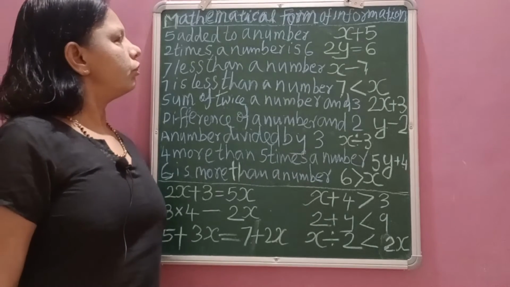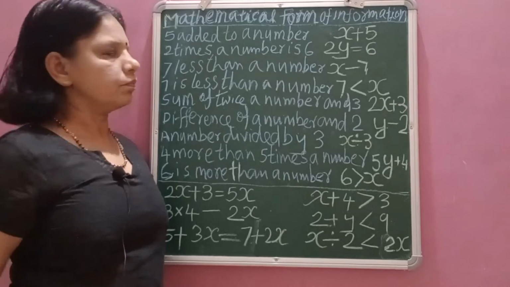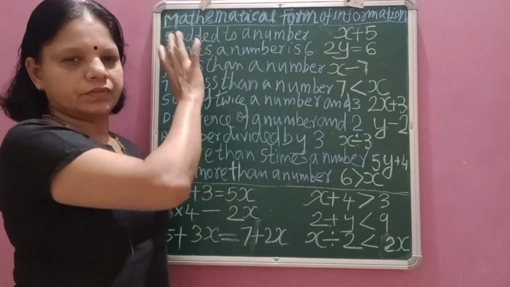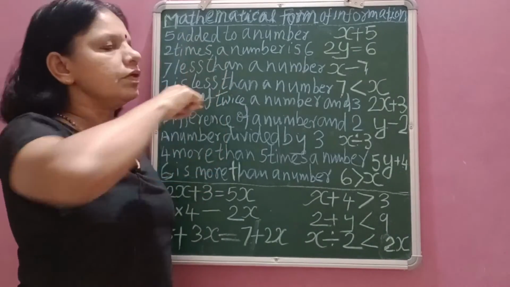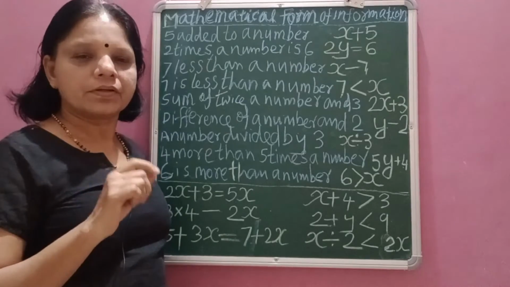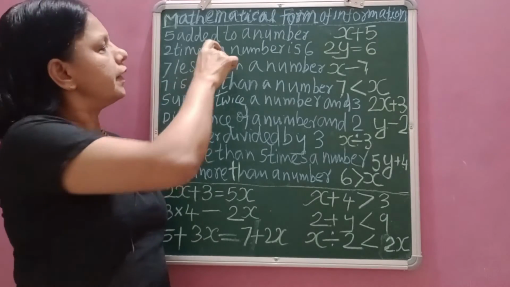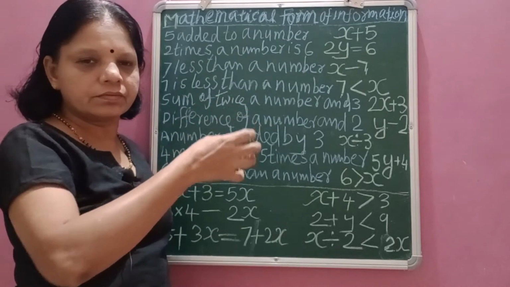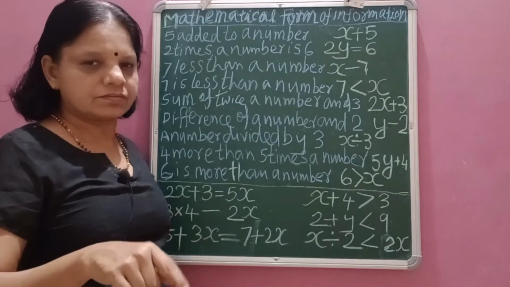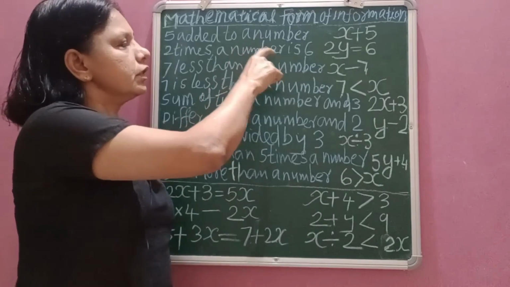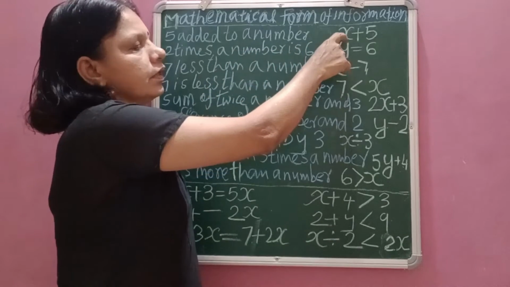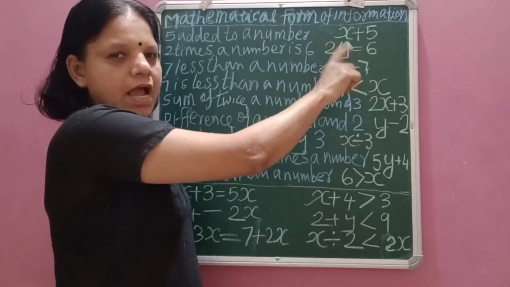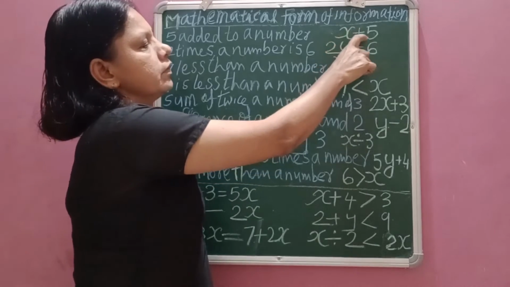So, how it will be represented? 5, the number 5. Added means which sign? Plus sign. Added to what? The unknown number, that you can give any alphabet, that is X. So the information is given in mathematical form as X plus 5.